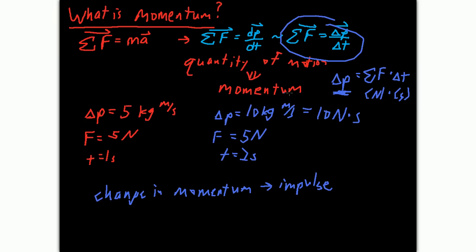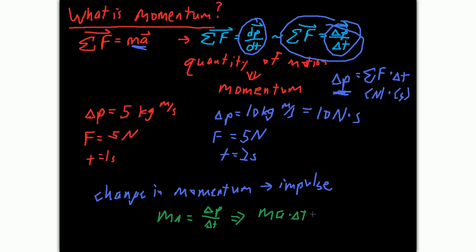Now, as for the fundamental definition of momentum, what really is momentum, we can take it from this. So if I combine this idea, or this one right over here, they're equivalent, with m times a, we should be able to get out an explanation of what the change in momentum is in terms of maybe more fundamental ideas than a sum of forces times the time. So if I set m times a equal to change in momentum divided by time, I've rearranged this and I get mass times acceleration times time equals the change in momentum.